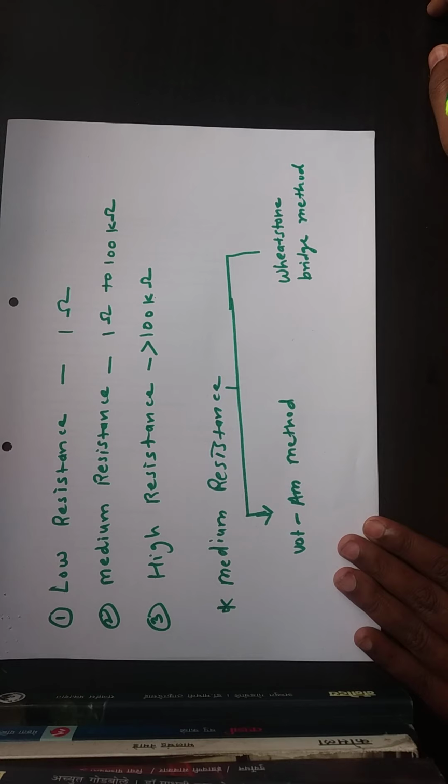There are two other methods, the ohmmeter method as well as the substitution method, but in our syllabus we only have two methods to measure the medium resistance, that is the Volt-Ammeter method and the Wheatstone bridge method.